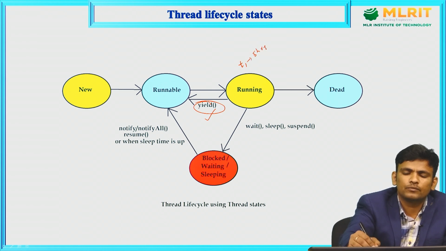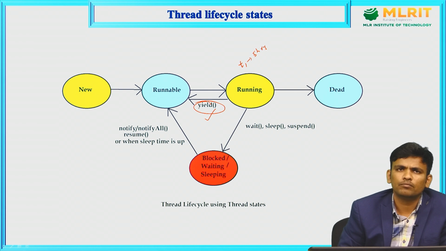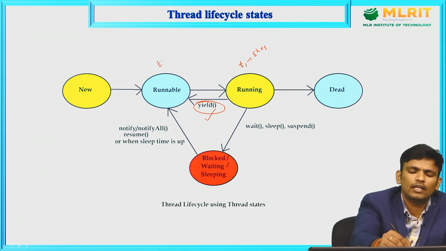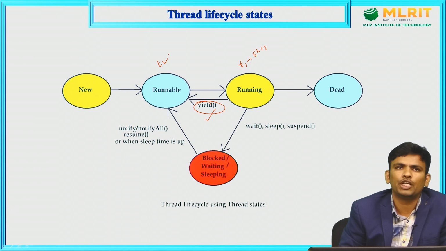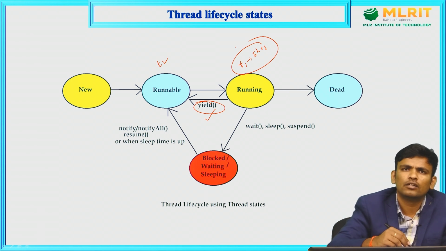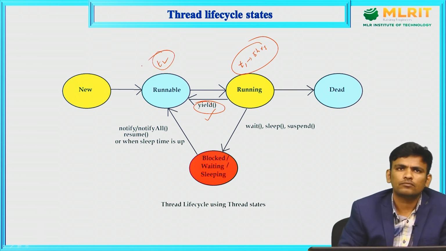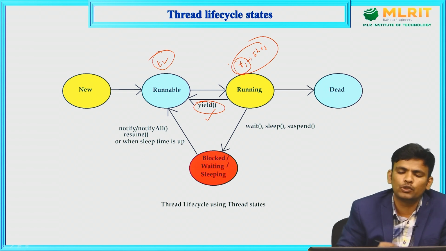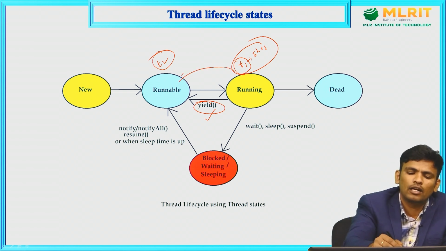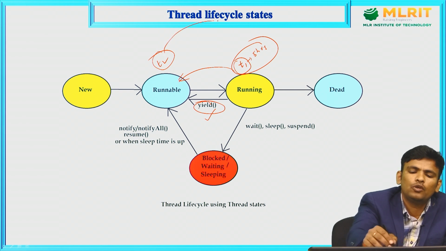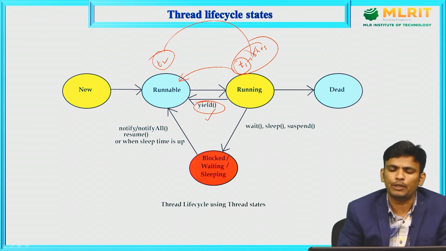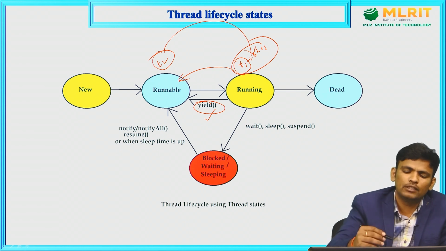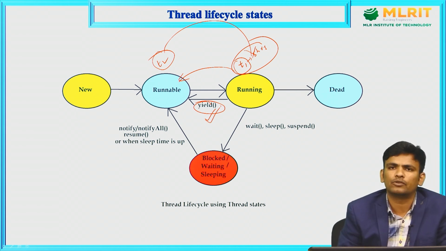T2 is in the waiting state, waiting for the CPU, but T1 is executing. If you use the yield method here, T1 temporarily stops its execution and directly enters the runnable state, and T2 may get a chance to execute on the CPU.